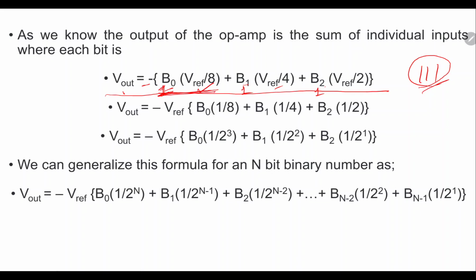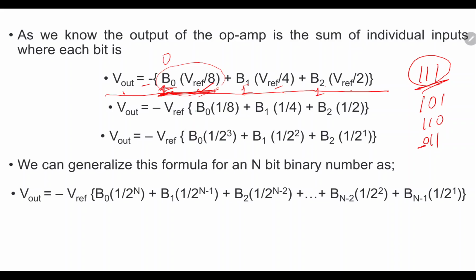If your B0 value is 0, then 0 into this term will be nullified. Now depending on the digits you are giving, suppose 101, 110, 011, whatever combination, depending on that the term will be nullified. Means if any digit is 0, then that particular term will be nullified and the rest of the terms will be added.